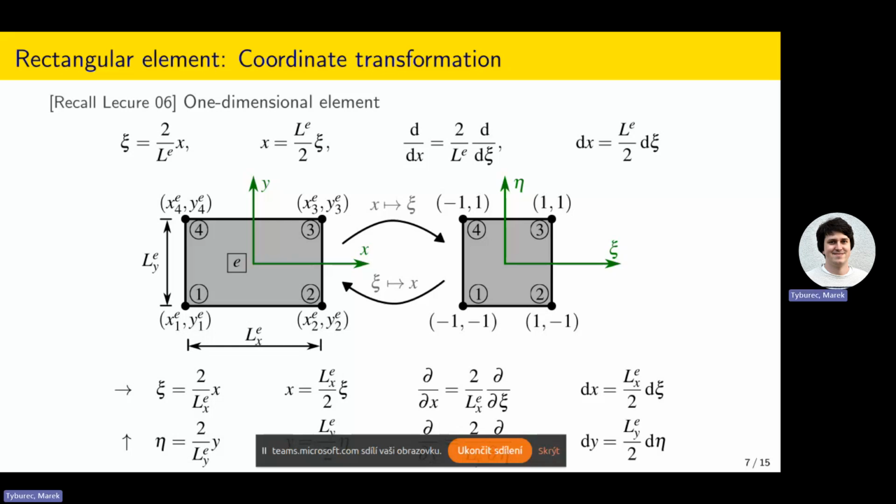Then of course we have n2. I should also write down that it's a function of psi and eta. So for shape function 2, we have again 1/2 times 1 plus psi times 1/2 times 1 minus eta.